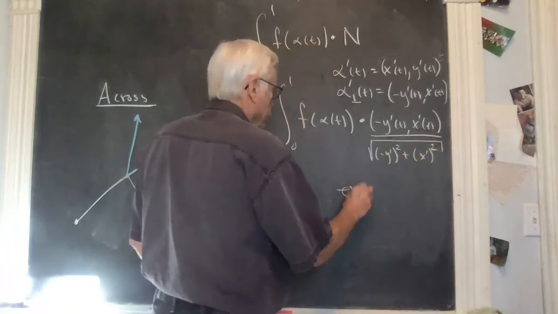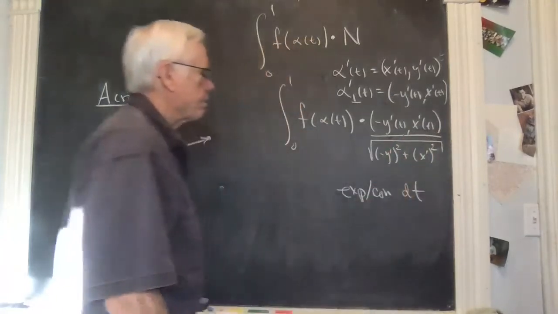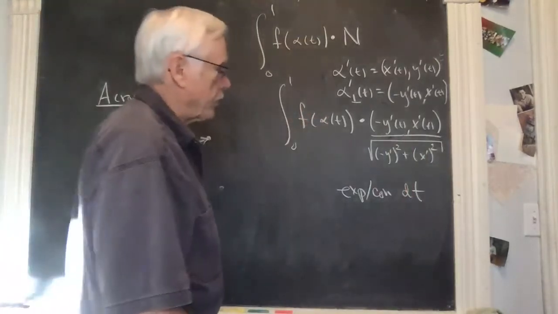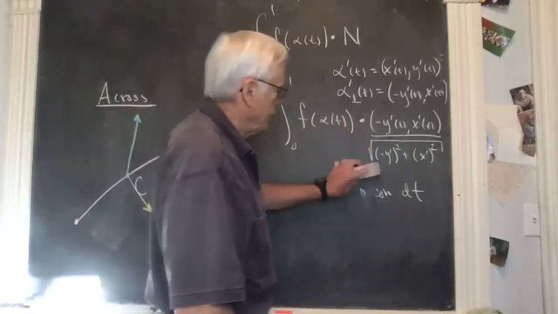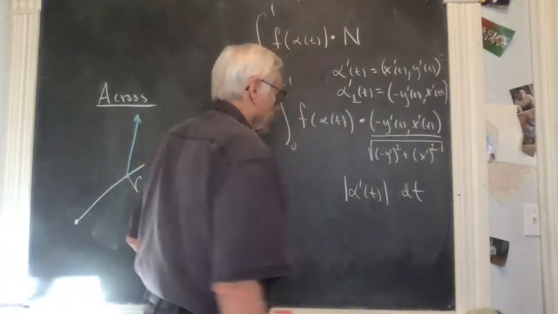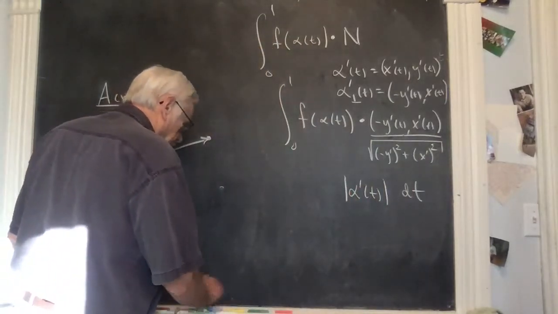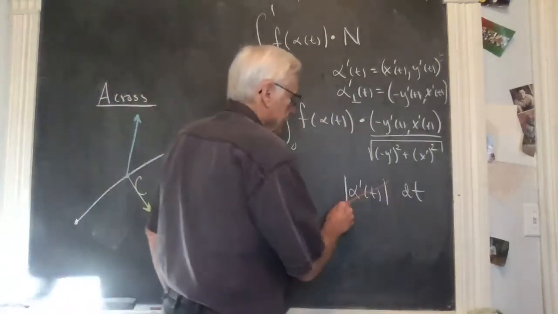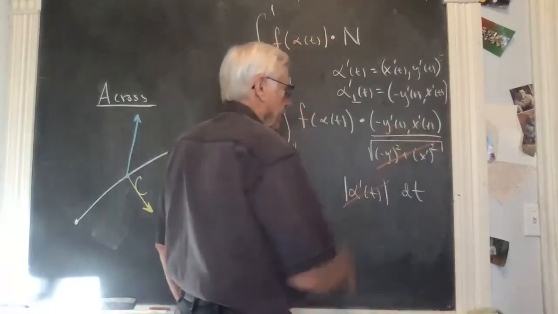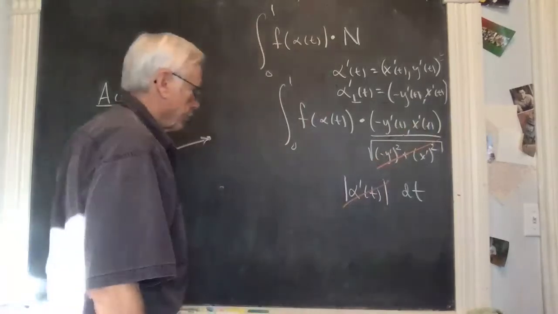And we still need the expansion contraction factor, dt. And the expansion contraction factor is due to the parameterization, not due to the choice of n. So the parameterization factor is this again, the speed, but notice that the speed, which is in the numerator, is the same as the length we computed in this denominator.